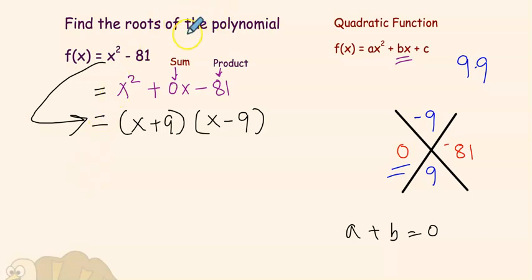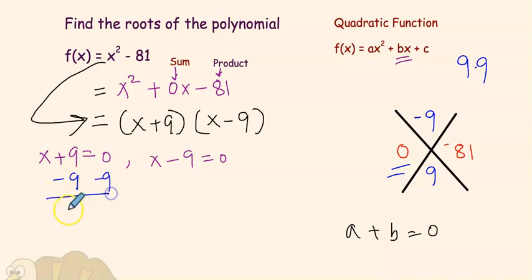Now to find those roots, what do I do? I'll find the zeros of these two factors. x plus 9 is equal to 0. x minus 9 is equal to 0. Solve them. Opposite, right? I have to cancel the 9 here. Subtract 9 on both sides to give you this.